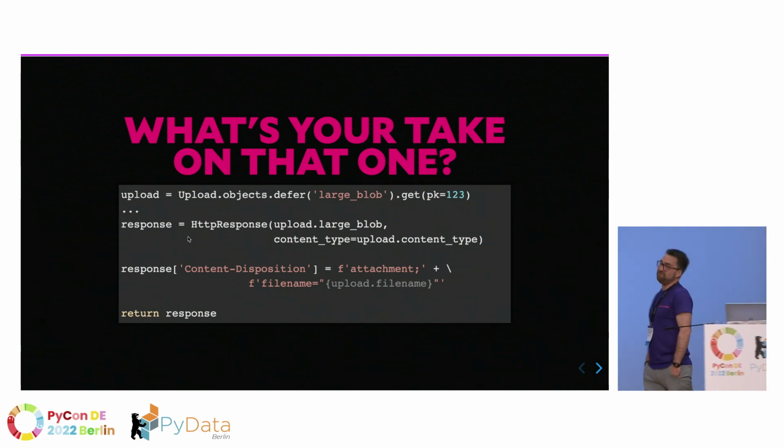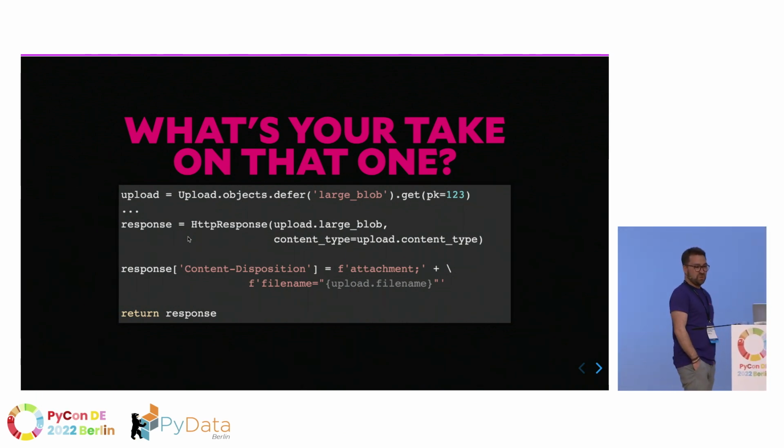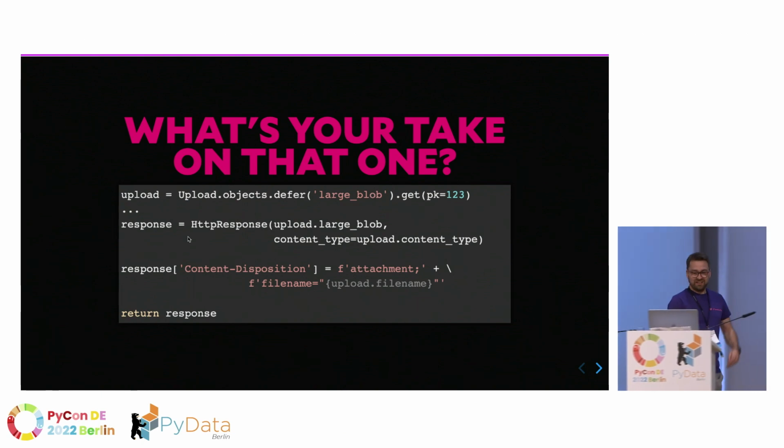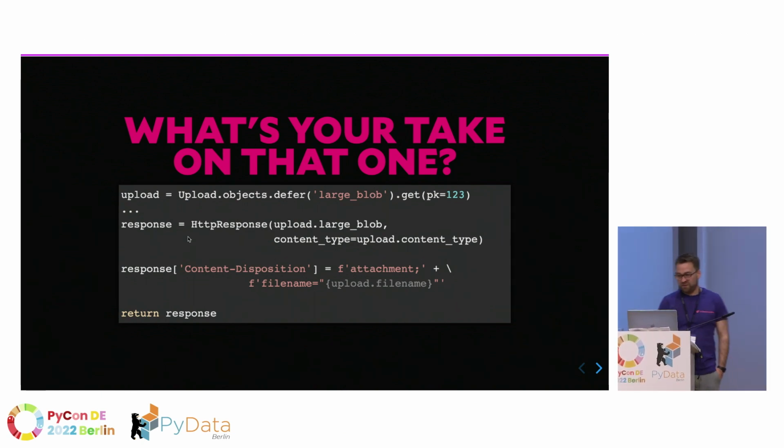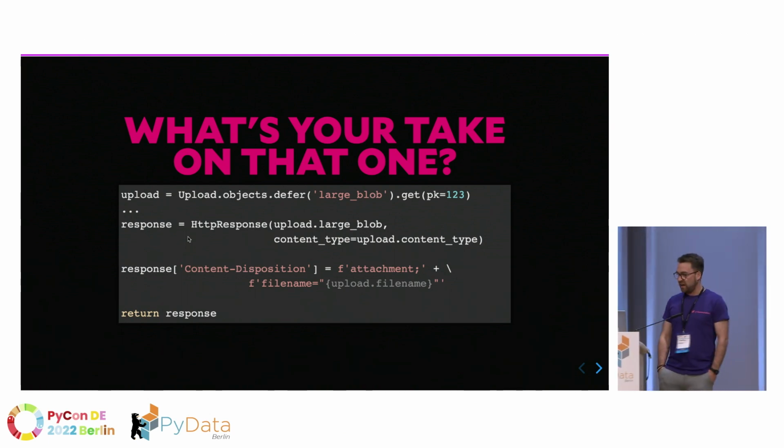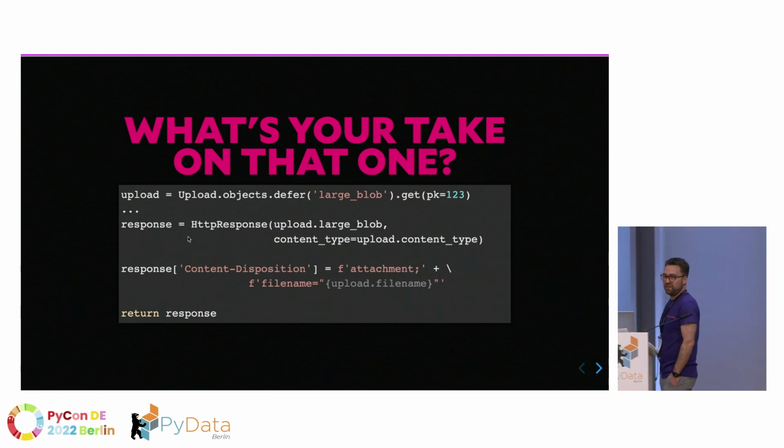So what's here? We have an upload model, and we get an HTTP response, and we put the file name in it, and the content type. And we actually use the defer method.